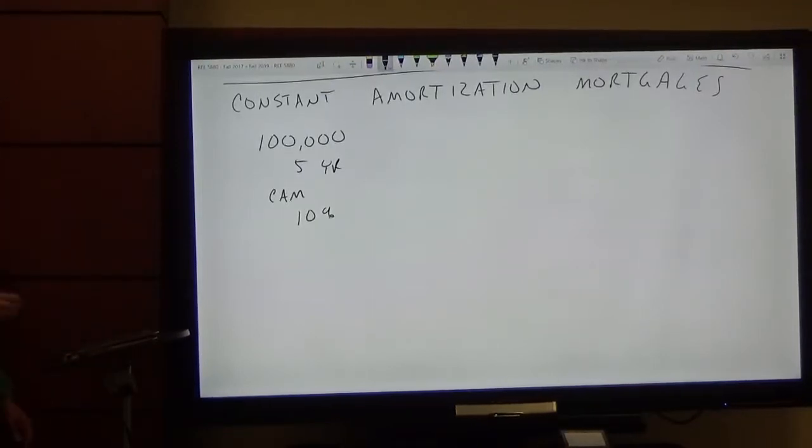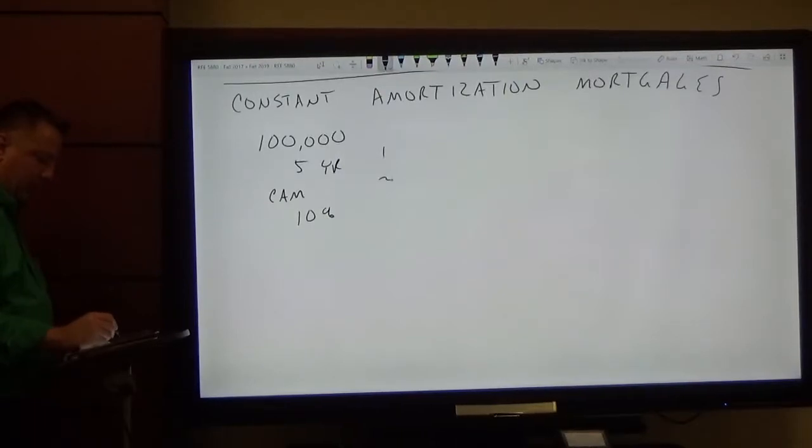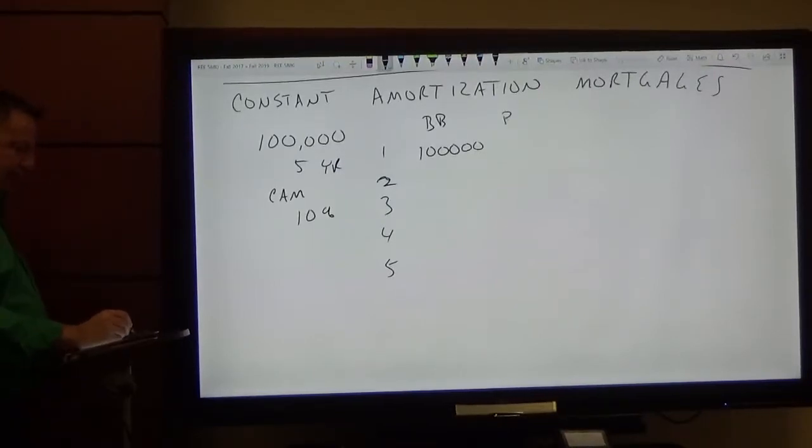Well, what that would mean is, if we've got period 1, 2, 3, 4, and 5, our beginning balance here would be $100,000, and then columns for payment amount, interest, principal, and ending balance.